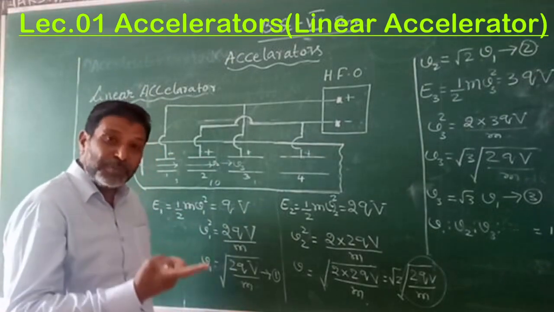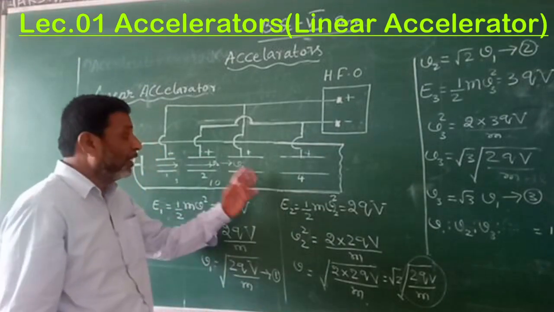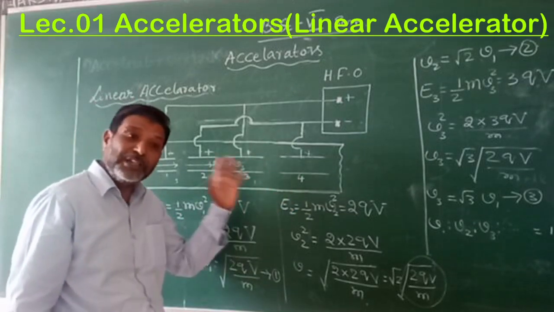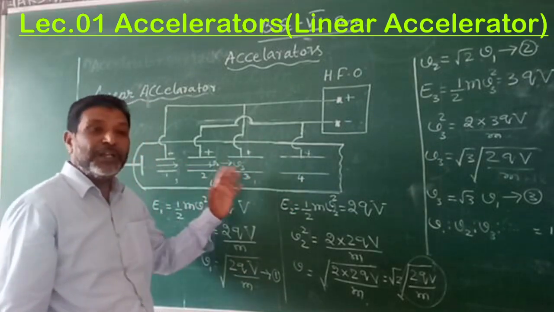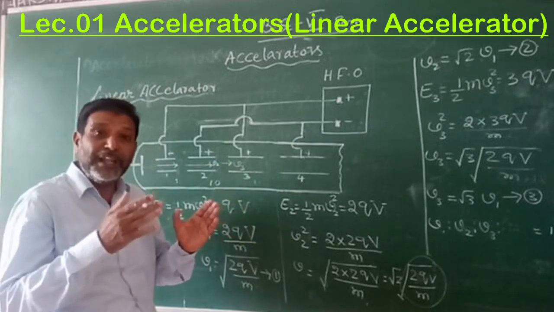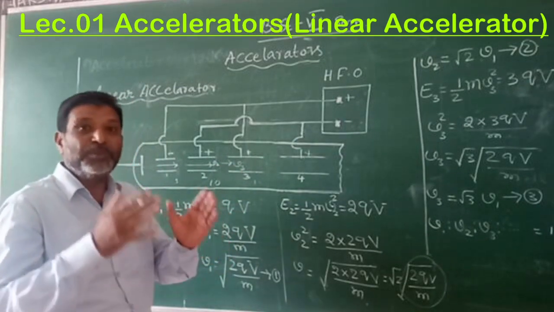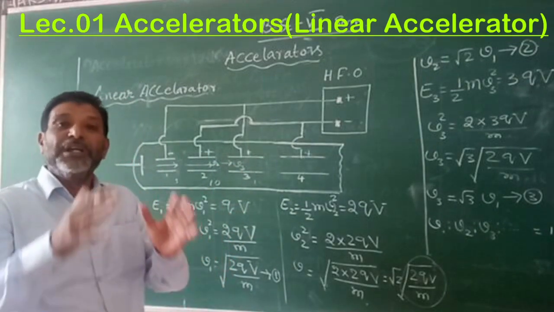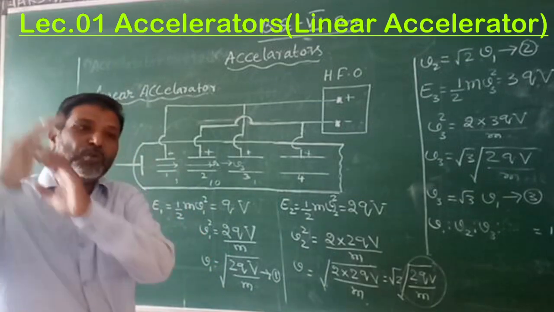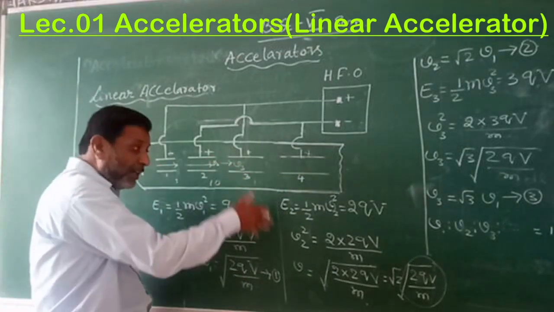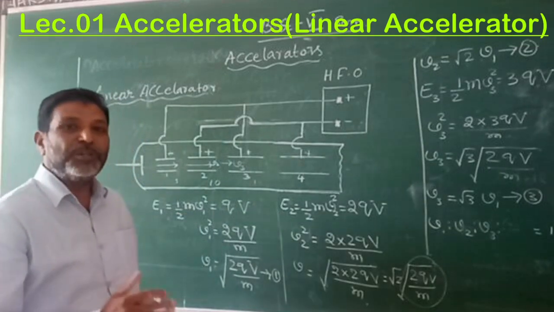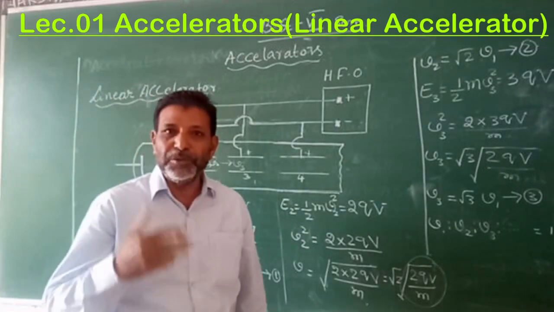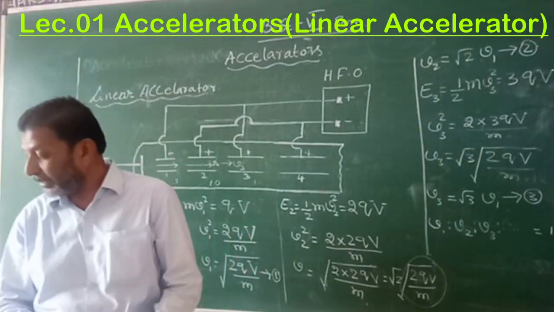Similarly, what should be the length of the third, and of the fourth? You have to calculate the lengths of the first tube, second tube, third tube, and in that order only you go on increasing the length. Now let us find what the lengths of the first tube, second tube, third tube, etc. should be.